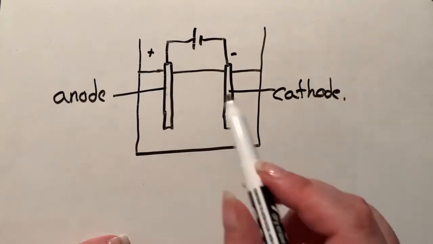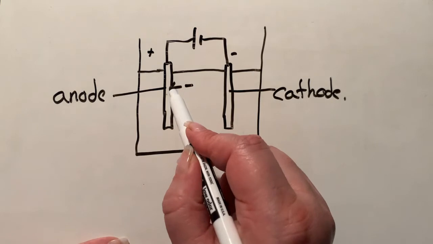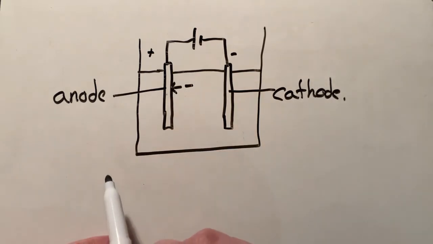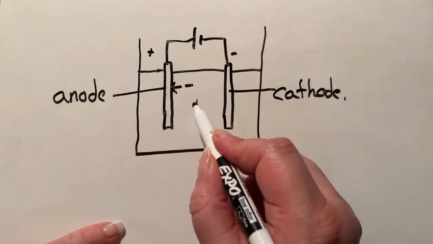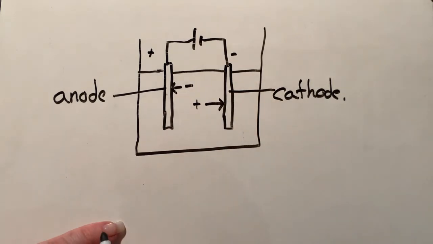And you all know that negative ions would move towards the positive anode because opposites attract, and positive ions would move towards the cathode.